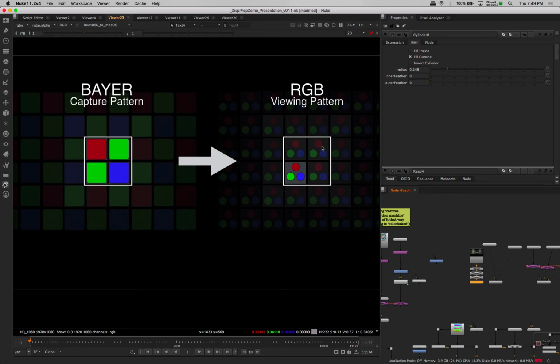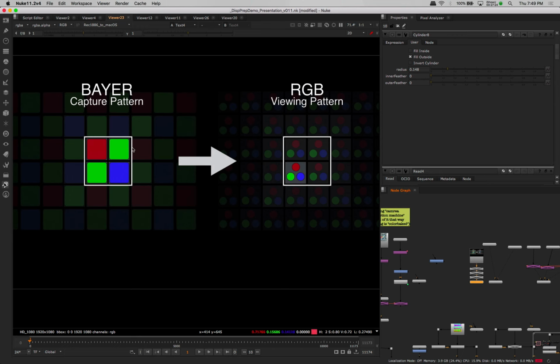And in an RGB pattern, now this says viewing pattern, but it's not just viewing. It's also what we use over video signals, and it's in almost every image file, unless the image file is called RAW. You have three pieces of information at each pixel position. So the piece of green image data right here, we just move it over, right?